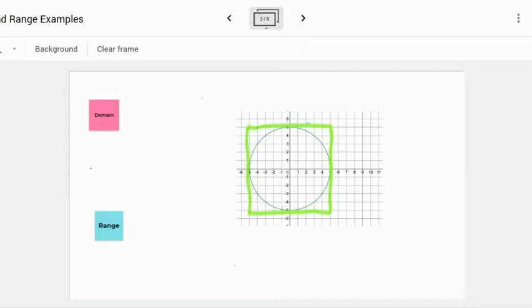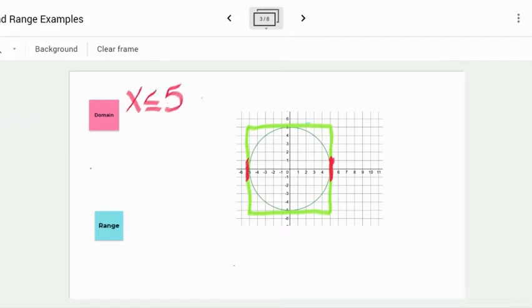Then we're first going to look at the domain. We're looking at how far left the graph goes to how far right the graph goes. The furthest right that the graph goes is all the way over here. That means all the x values are less than or equal to 5.